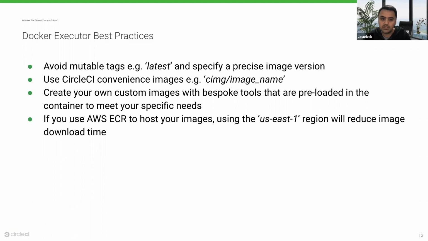And if you are using an AWS image registry, we would suggest using the US East 1 region to store your images, because Circle CI runs its jobs in this region, so it can reduce your download time.